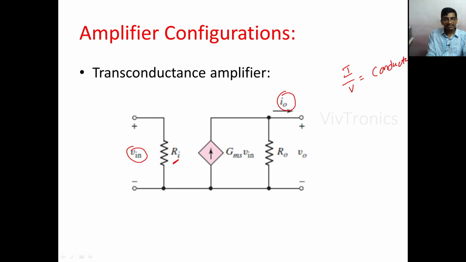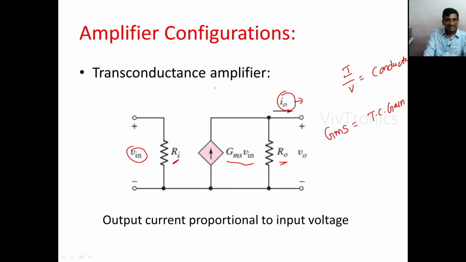At the input side, we have the same Ri input resistance component. As the output signal is current, we have the Norton's equivalent circuit Gms into Vin in parallel with the Ro resistance, where Gms is called the transconductance gain. In the transconductance amplifier, output current is proportional to the input voltage.